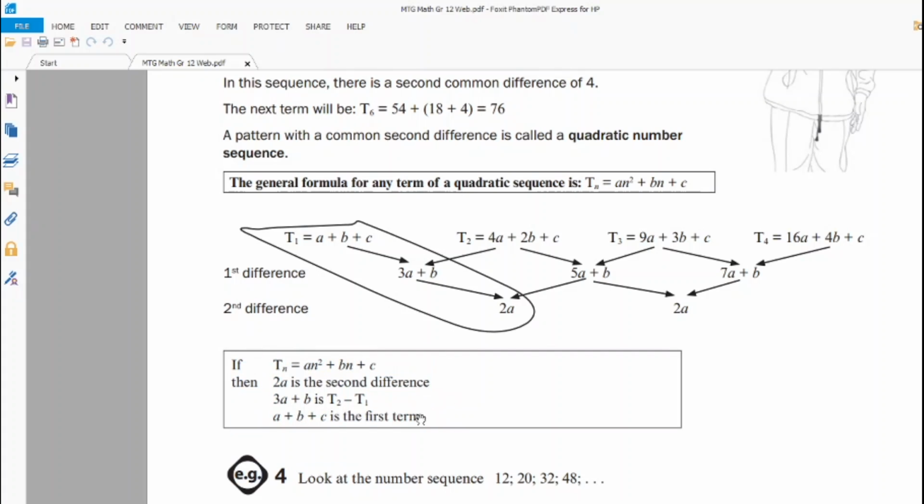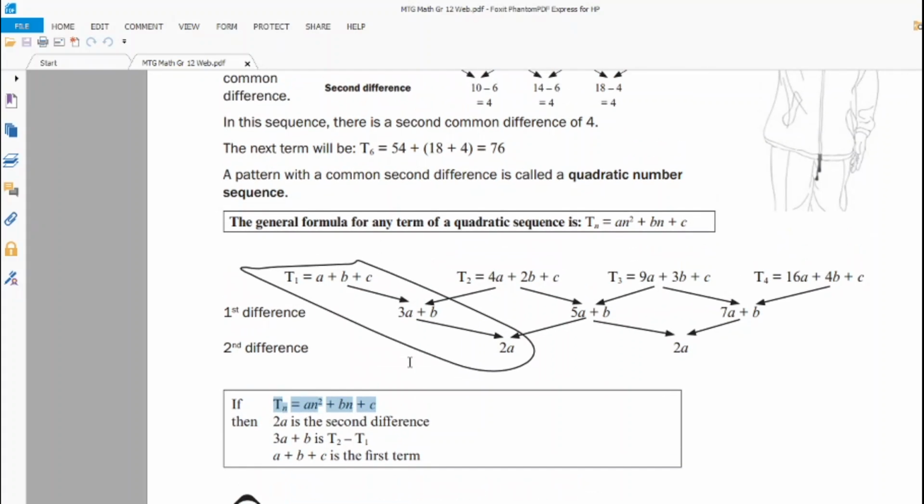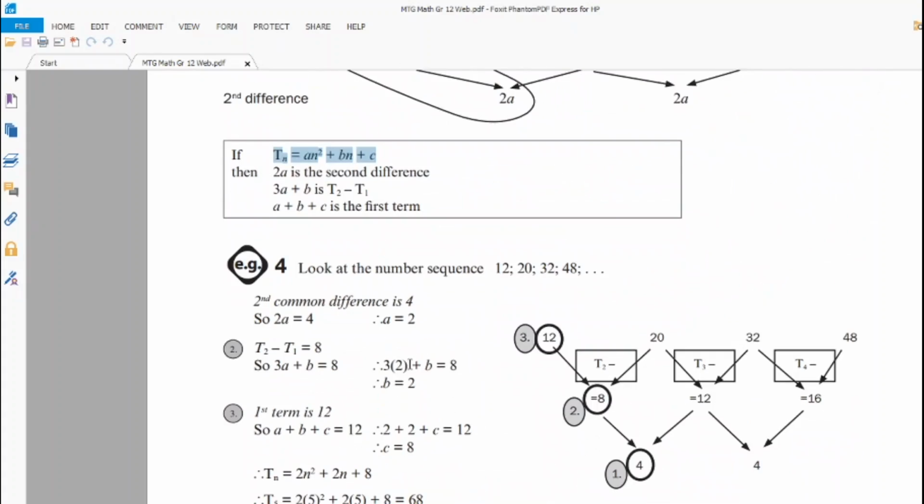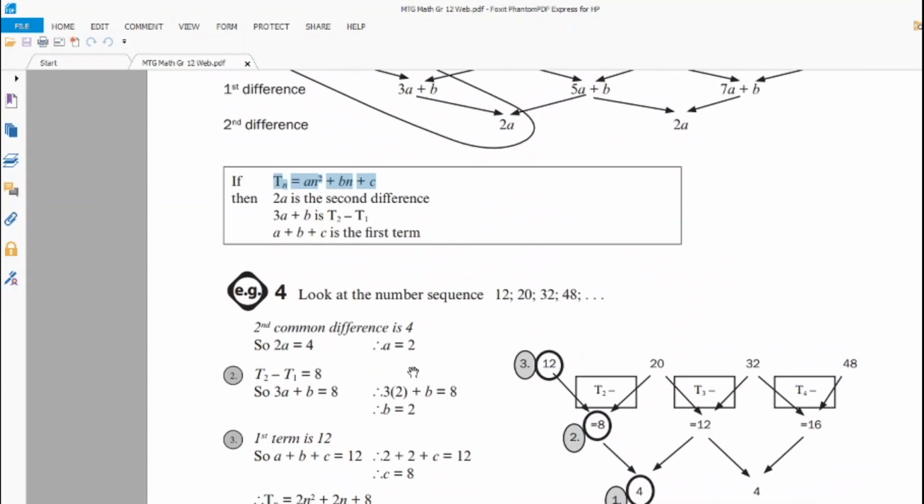Take note of that, because with any quadratic sequence you will use 2a, use 3a plus b, and use a plus b plus c to find the formula for the general term of any quadratic sequence, right? So that we can do that, let us look at this example.